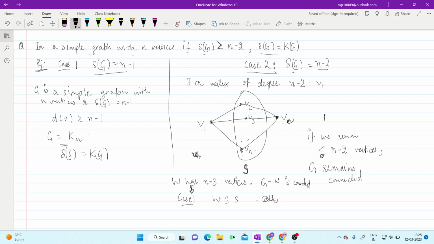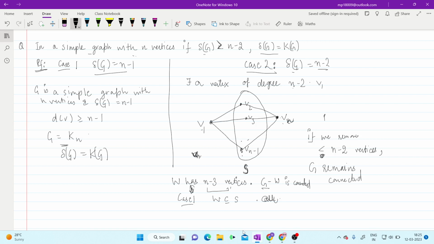In the other cases also, if we remove n minus 3 vertices, there are some vertices remaining in S, and since V1 is connected to all those vertices and Vn is connected to all these vertices, this graph remains connected.